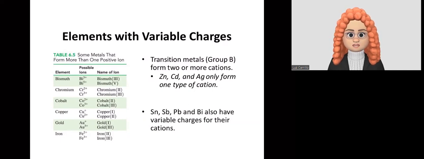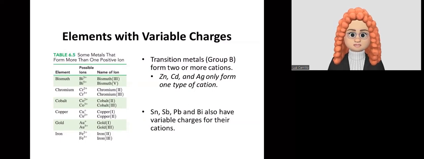Now, in chemistry, we have exceptions to the rules. And when it comes to the transition elements, there are 3 elements that only form one type of cation, because these elements with variable charge refers to transition metals. And as we learn, transition metals make cations.